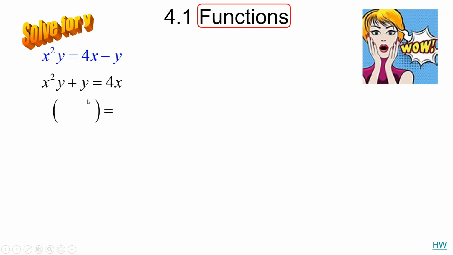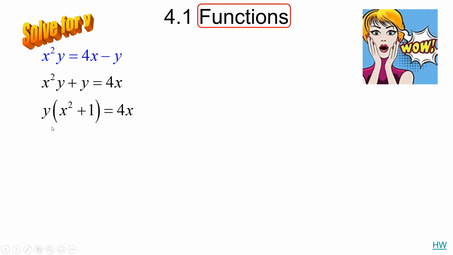Now, let's factor the common factor on the left of y out of both of those terms. So y times what will give me x squared y? x squared. Y times x squared is x squared y. Plus y, so y times what will give me y? Well, that would have to be a plus 1, and that equals 4x.